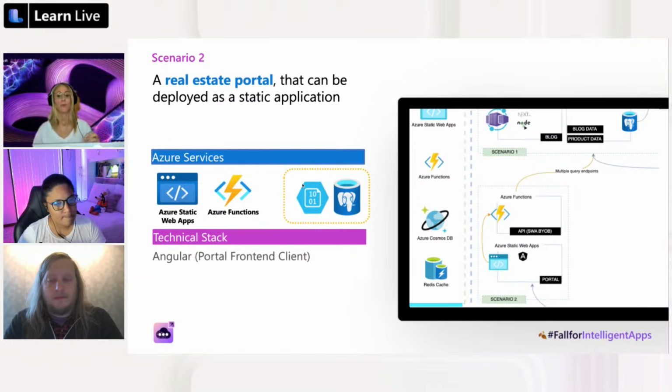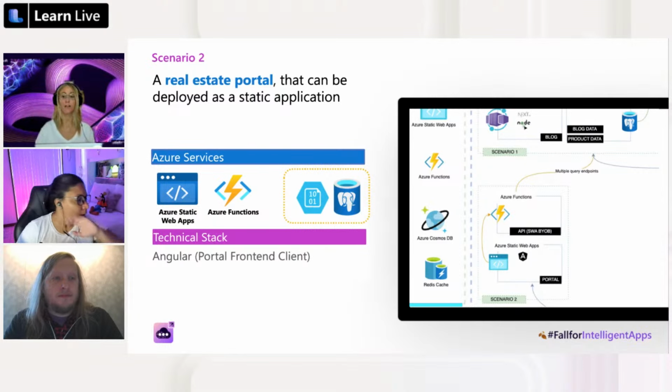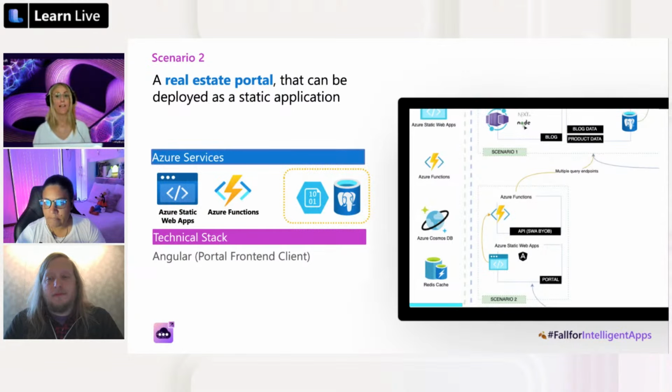That means that we will need to create a connection between the portal application that we just mentioned, built with Angular, to query all those listings so they can be shown in the application, to query each listing individually as well, so we show a listing detail, and also to run the search capability. We are not going to be creating the listings themselves from the portal application. We are always going to be authoring from the content management system.